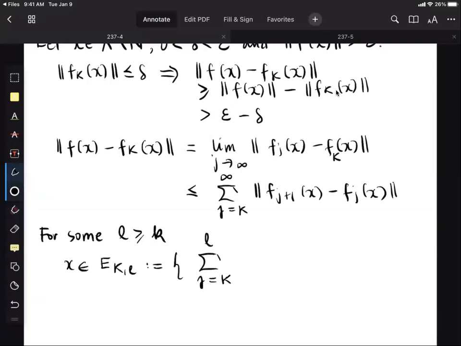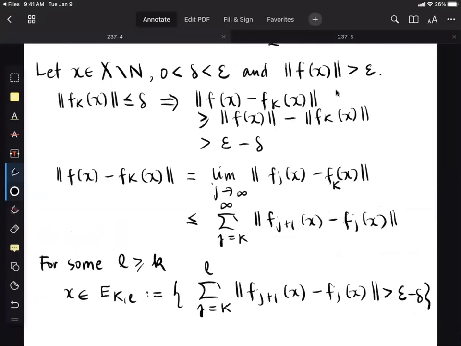So the sum is from j equals k to L of the norm of f sub j plus 1 of x minus f sub j of x, greater than epsilon minus delta.